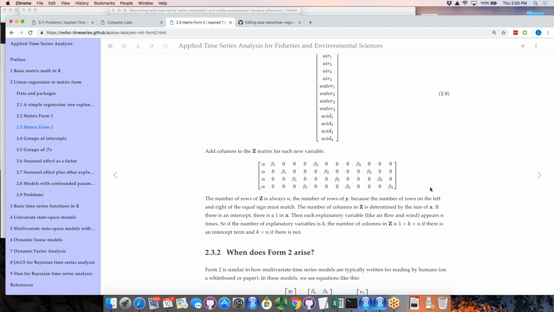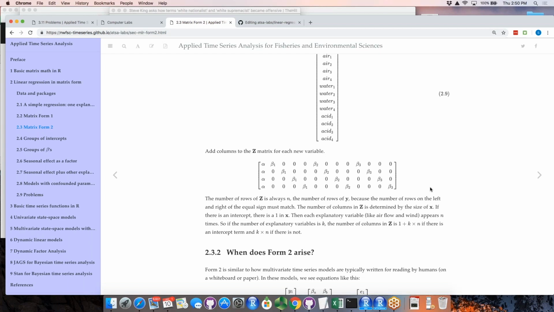Maybe I want these two to have the same effect of air, and I'll make these beta 1b because I want them to be different. But these, I'll leave all the same, all 4 sites. And in this one, I want these two to be the same and those to be different. We can easily specify that by just putting different subscripts on here.